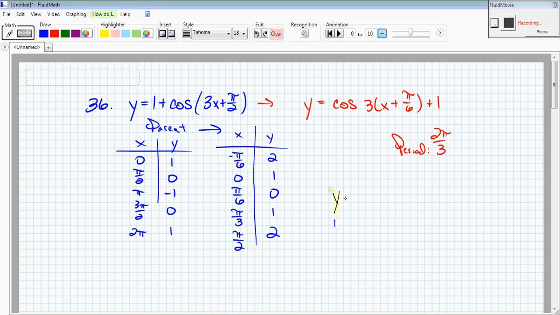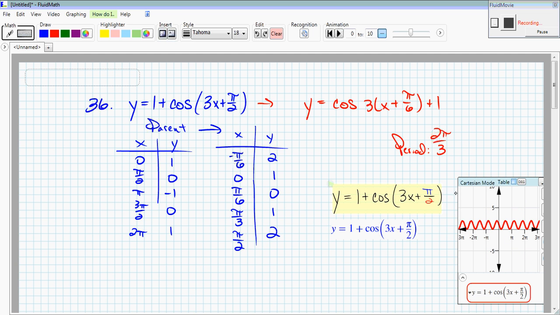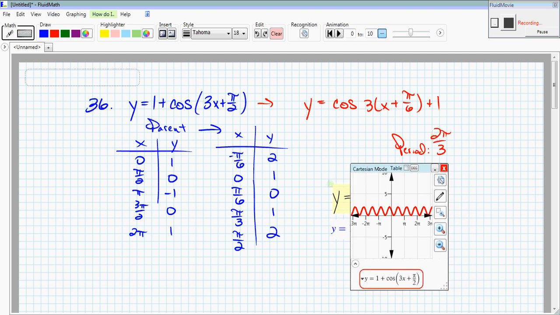We'll try to do this with FluidMath here. And we'll try to change our window accordingly.